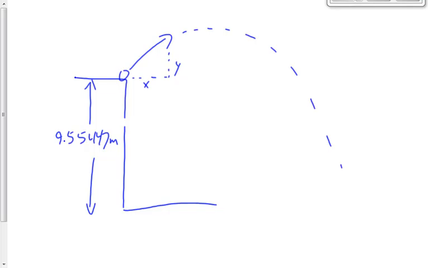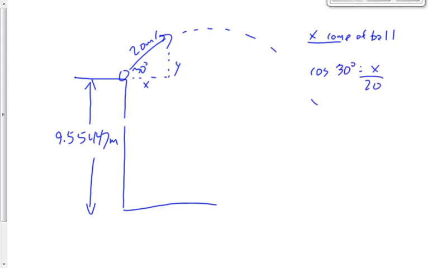Let's get the x components and the y components of the initial velocity of the ball. Let's say cosine 30 degrees is equal to x over 20. X ends up being equal to 17.3205 meters per second. The y component, sine 30 degrees, is equal to y over 20.